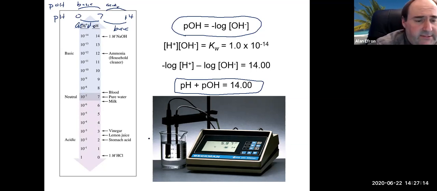Some other things that are important in terms of calculation: if you have the pH given to you, you could actually calculate the H plus concentration by taking the inverse log of the minus pH. So if you're given the pH and want the H plus concentration, you do the inverse log.